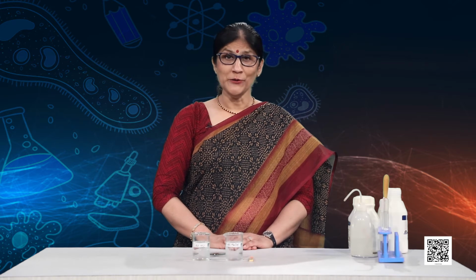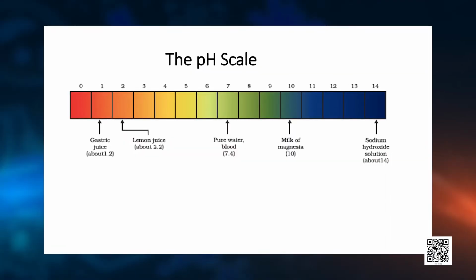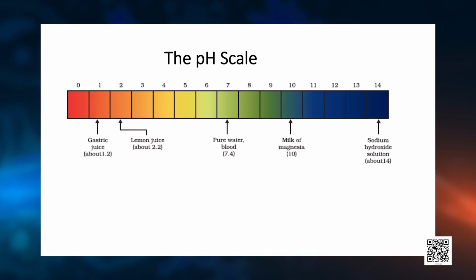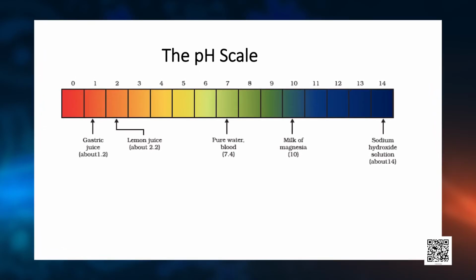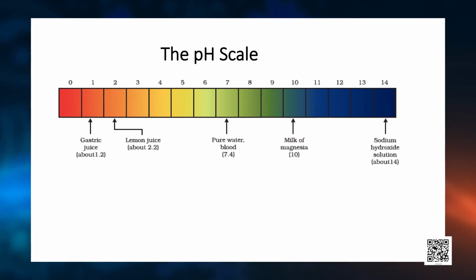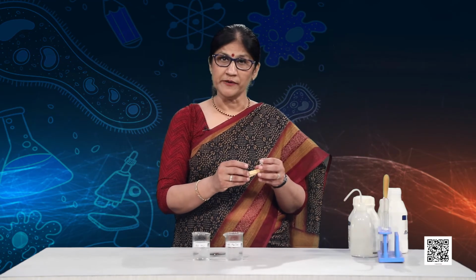Now that we know that on dilution the concentrations of hydroxide ions and H plus ions change, but then how do we know how much the change is? For this, my dear students, we have this pH paper. A pH paper has got universal indicator impregnated on it. These are the strips of pH paper which are available in the market.